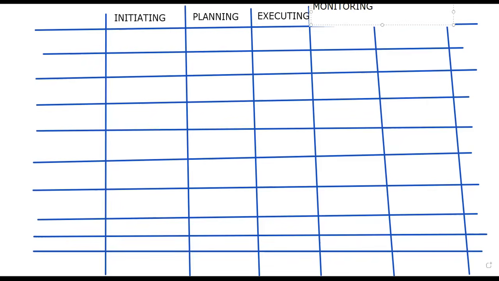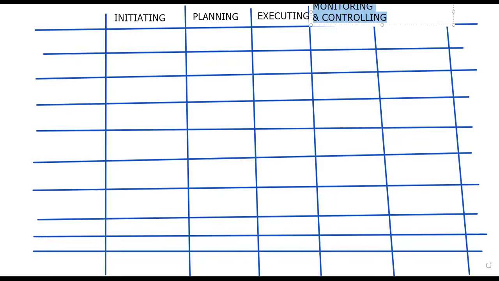I prefer extra money in cash. And that just stands for initiating, planning, executing, monitoring and controlling, and closing.